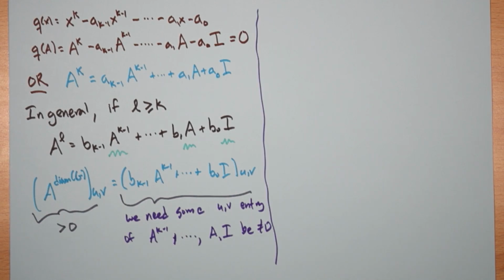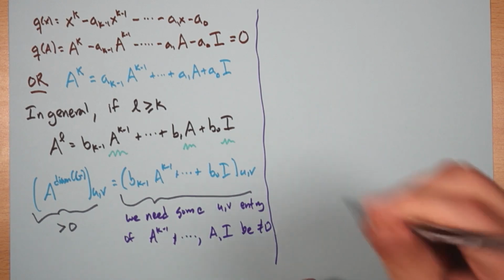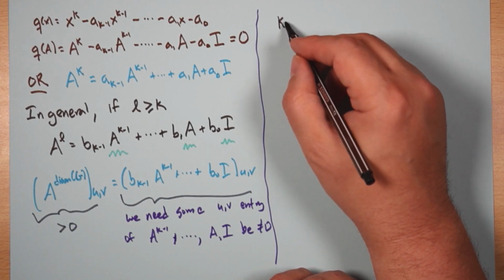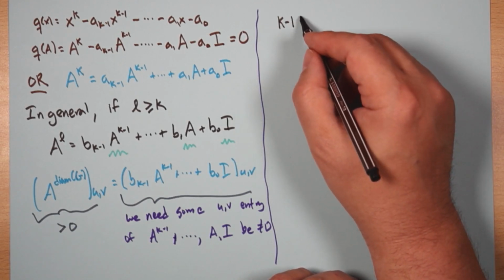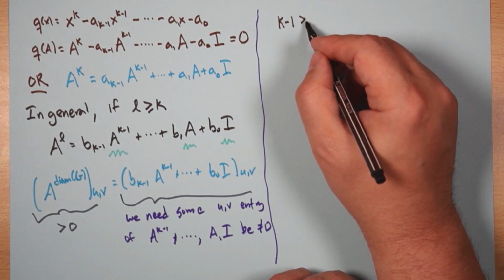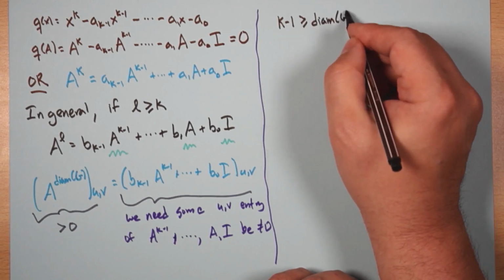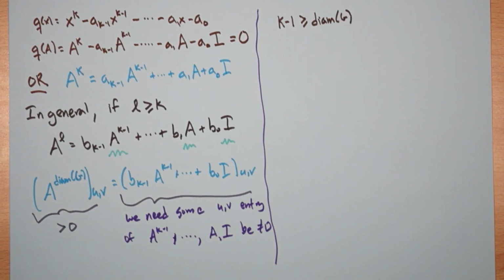And now we just tie these two ideas together and we say, okay, well, what's true? Well, what's true is that we need to have that k minus 1 has to be greater than or equal to the diameter of our graph G. All right, well, why?